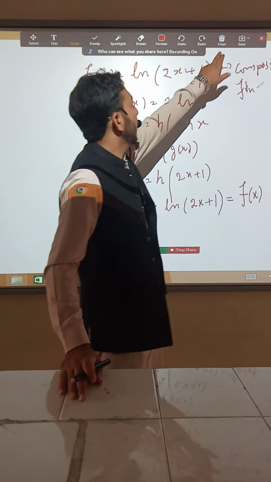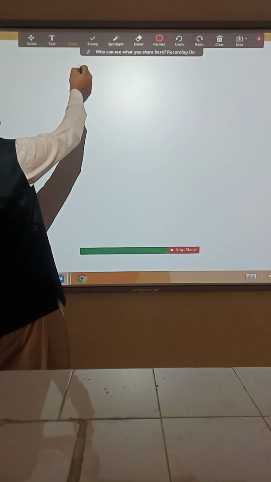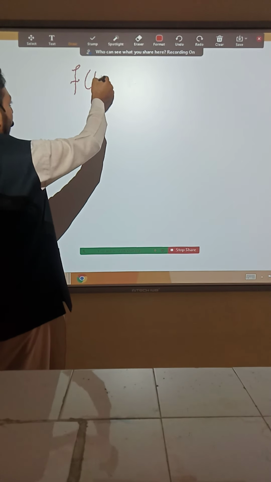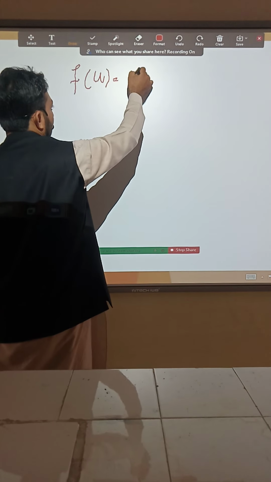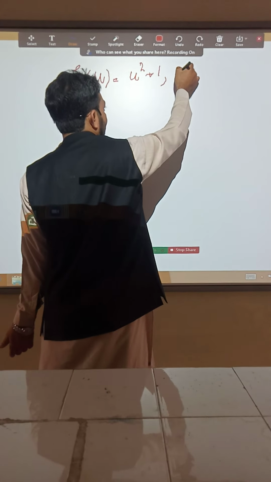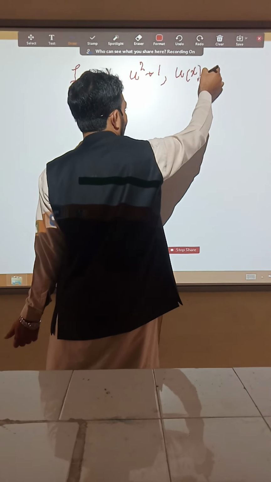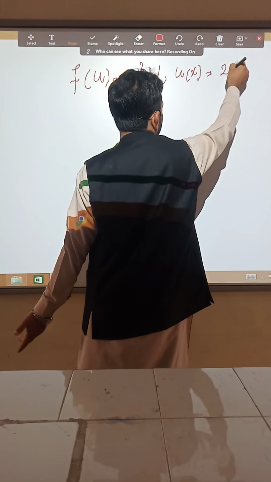For example, let's say f is a function which is dependent on u, and that is equal to u square plus 1, and u is dependent on x, and let's say that is equal to 2x.